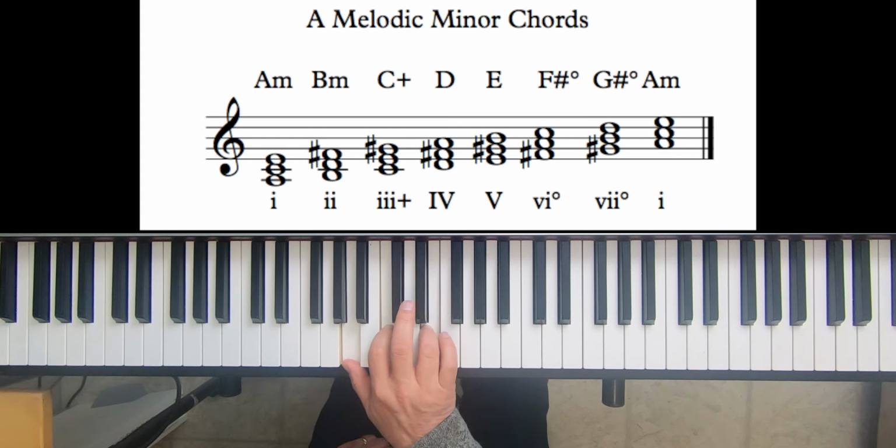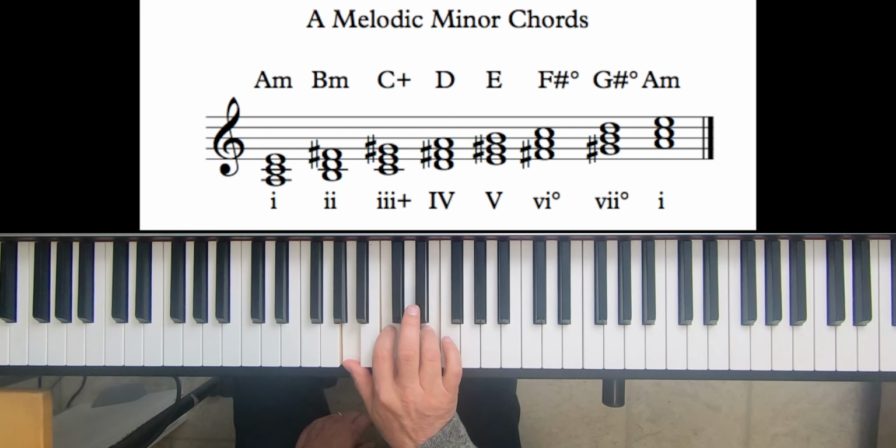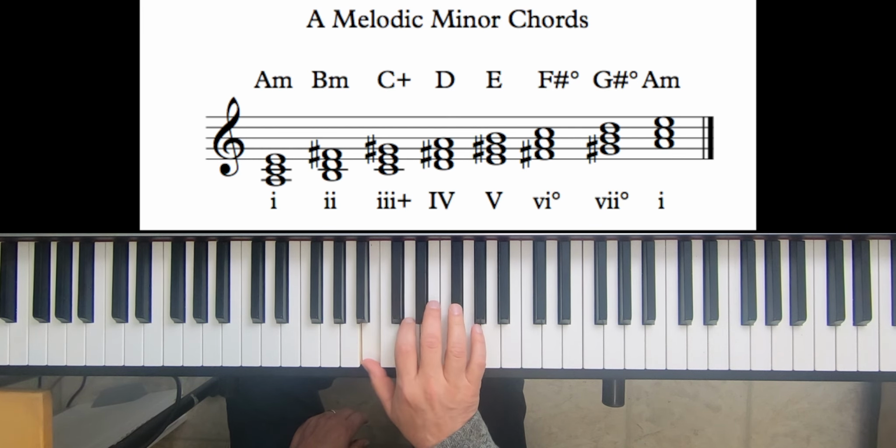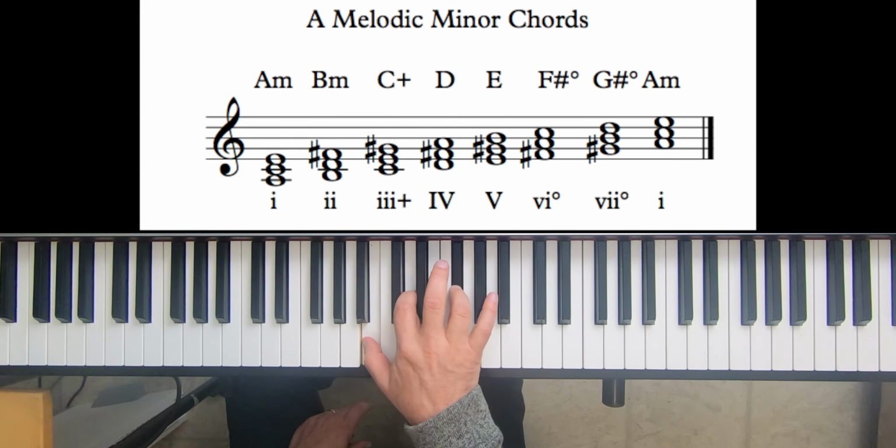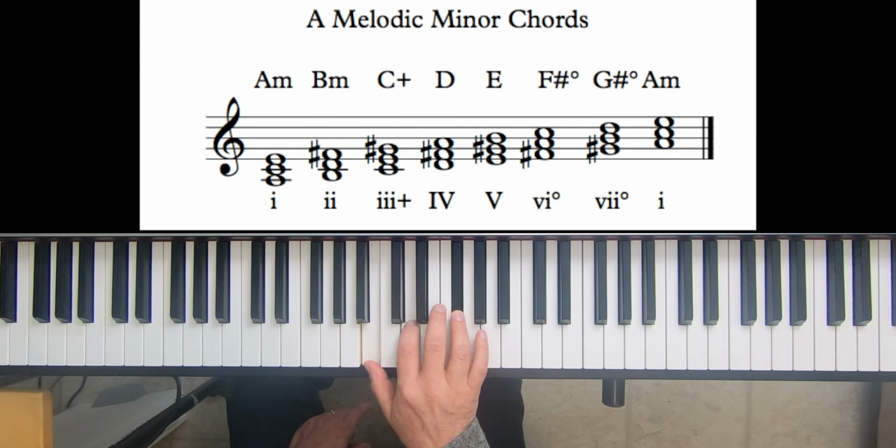First chord is A minor, same as it is in the other two versions of the minor scale. But now the second chord, built on B, because we have raised the F to F sharp, we now have a B minor chord. So this is B minor, lowercase Roman numeral 2.